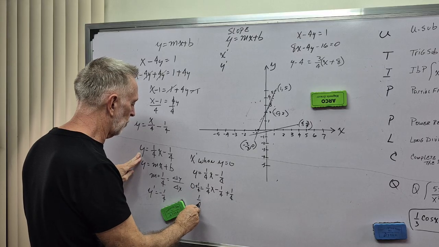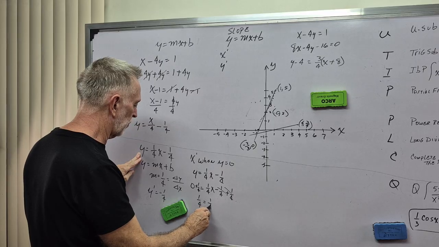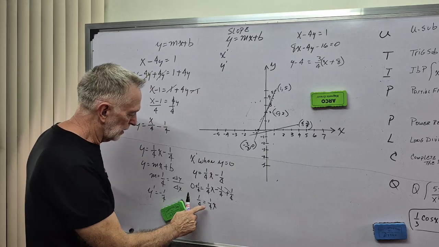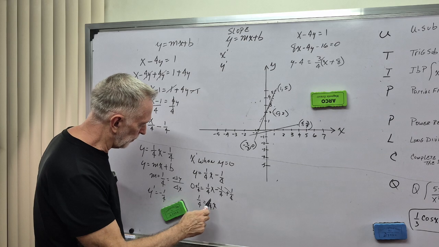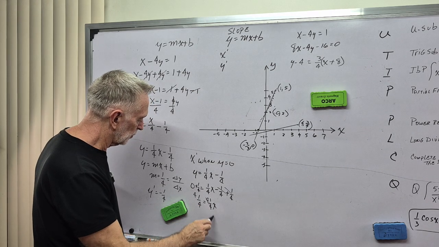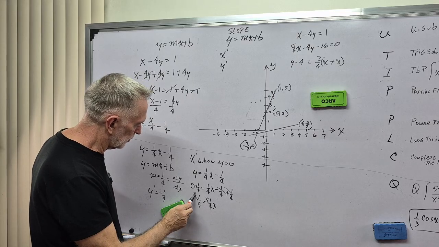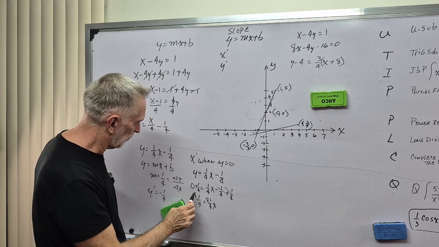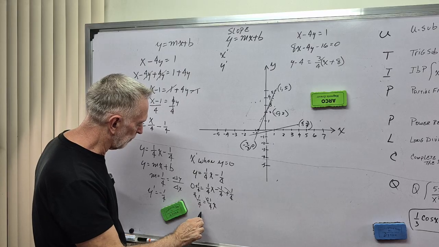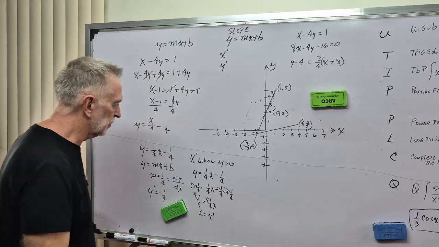So I have 1/4 equals, those cancel, 1/4 x. Now to get rid of 1/4, I need to multiply both sides by 4. So 4 over 4 times 1/4 gives me 1. So I'm left with 1 equals x, and that's the x-intercept.